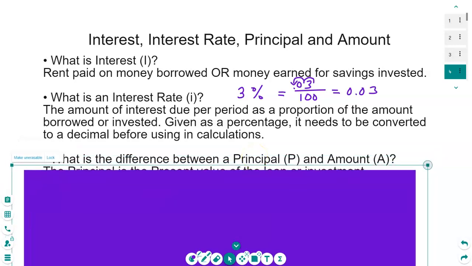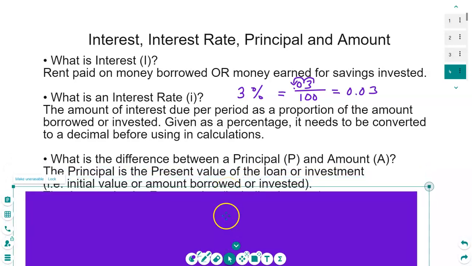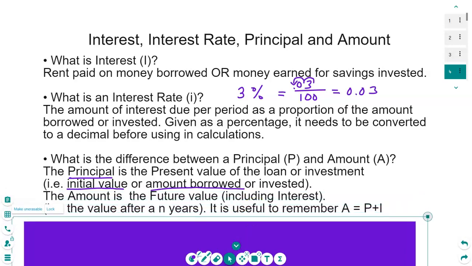And the other variables that we have, so a common question is, what is the difference between a principal and an amount? The principal is the present value of the loan or investment. It's the initial value or amount borrowed or invested. So the initial value or amount borrowed is the principal. So in that very first year, what you borrowed. The amount is the future value.